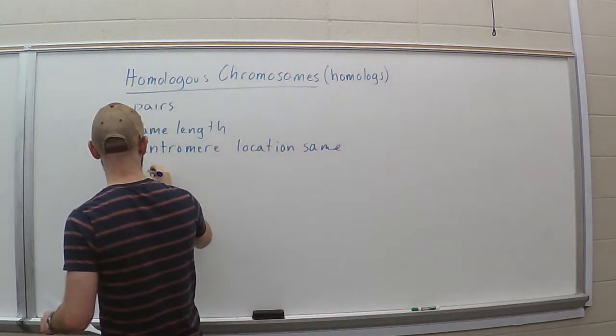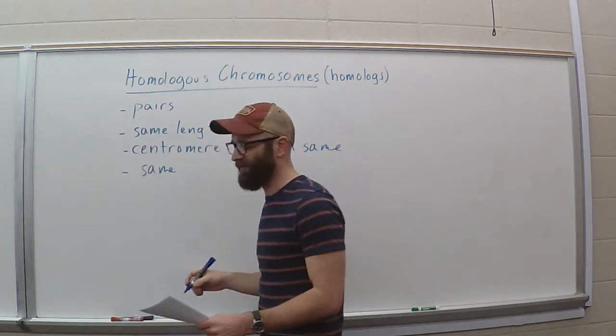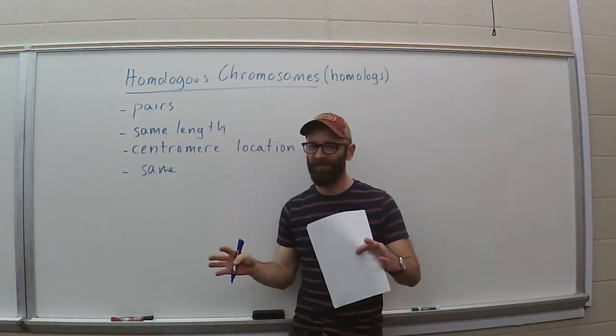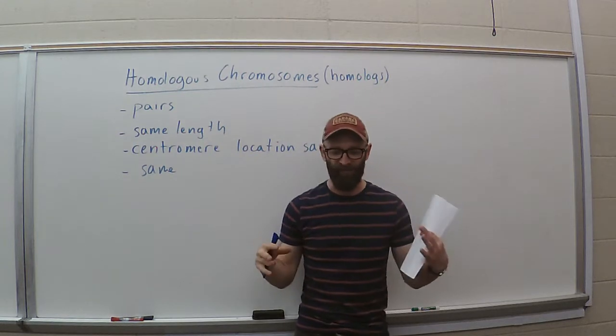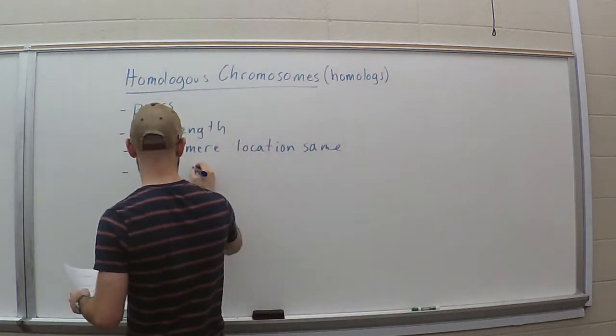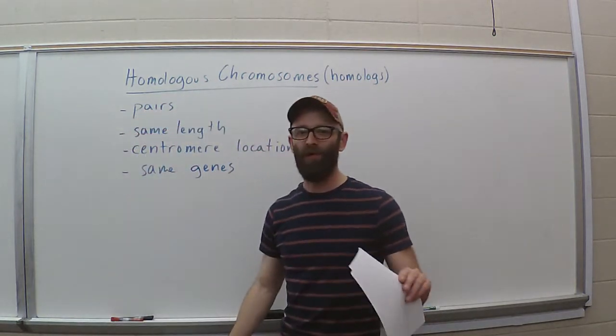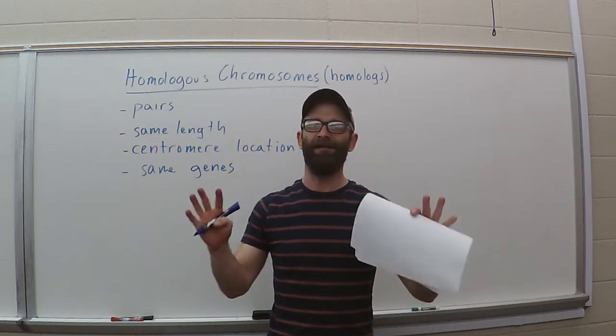They have the same gene location. So they have the same genes, homologous chromosomes do. They have the same genes in the same location. But, and this is important, they are not identical.